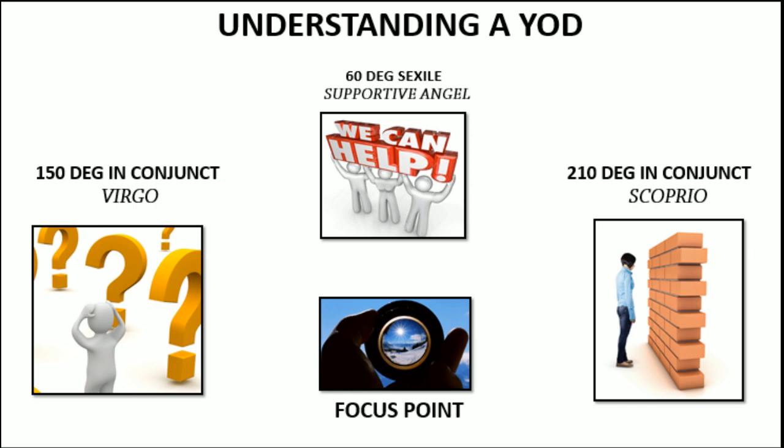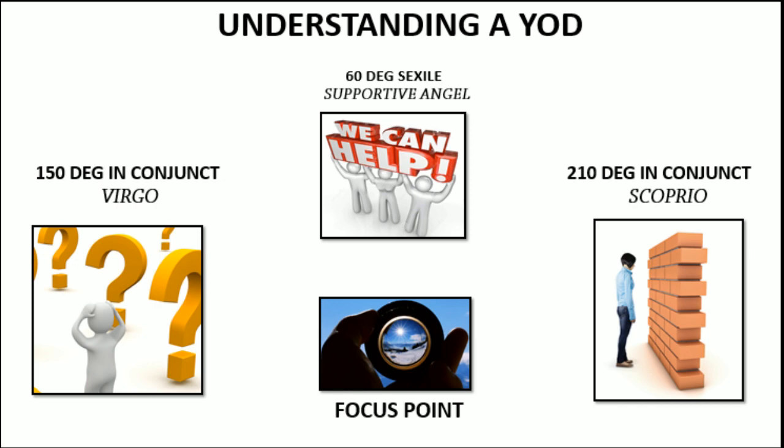So when you start to see the sextiles as a supporting mechanism and you start to see the focus as the consciousness, the conscious development of the yod, then what you start to notice is that there's this interaction between things that are happening to you that you don't see happening to you, that are deepening your sense of relationship to the universe. That would be the focus point. And then there's these aspects within yourself that help you understand what you are trying to ground or integrate. Okay, and that would be the supportive angle.